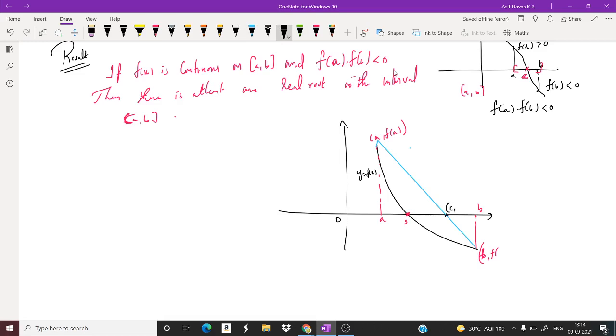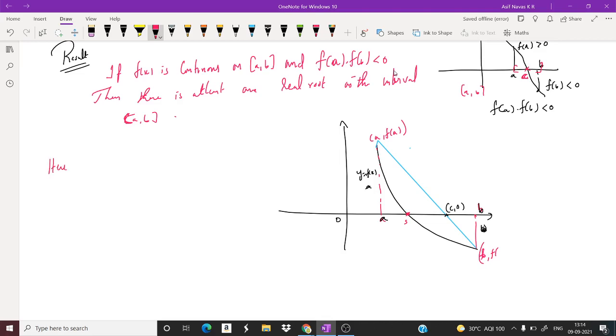I'm calling this point C0. This length is B, and we know that this length is A. Sorry, this is point B, and this is A. Now let us write this.